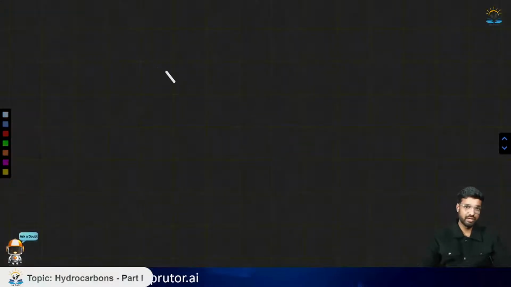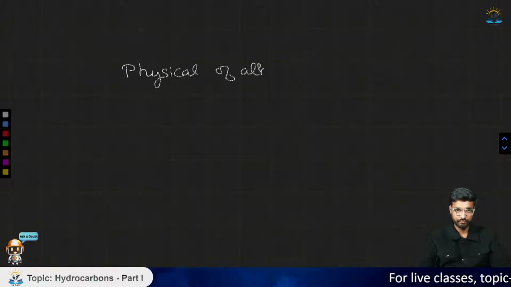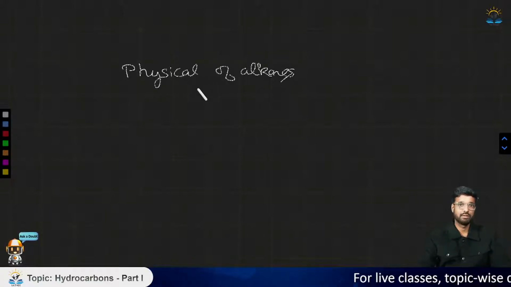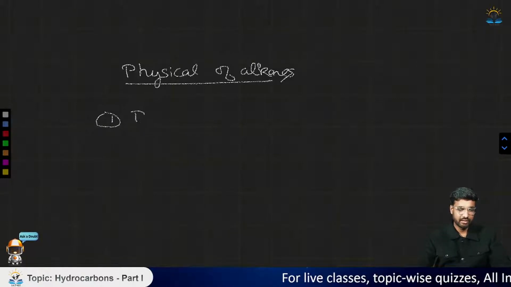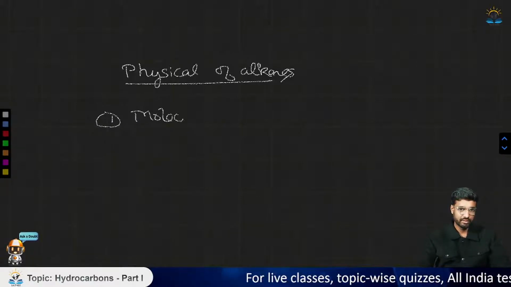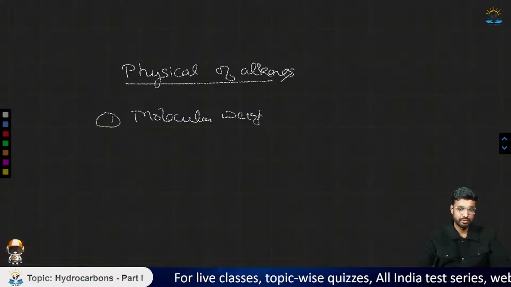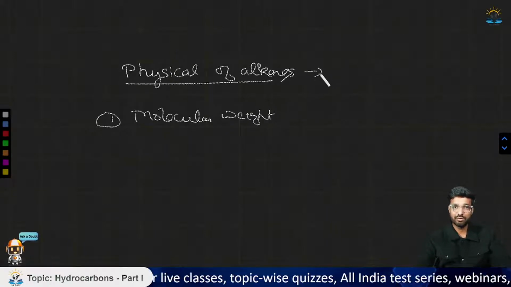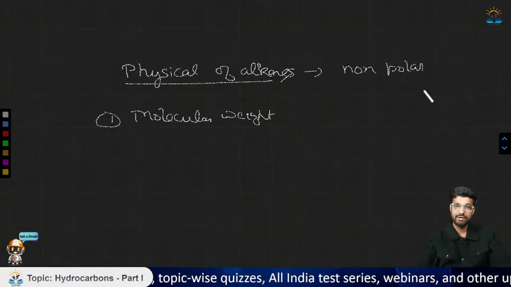we will see some properties, like the physical properties of alkane. So here are some points you should remember. Highest is the molecular formula, meaning the molecular weight, because these alkanes are normally non-polar, so they do not have any kind of polar interaction.